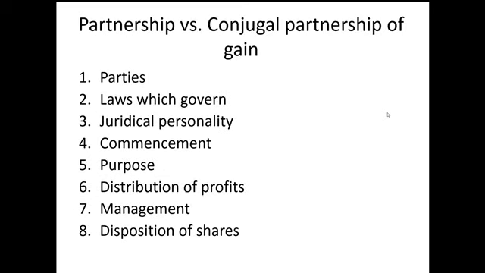Now next, let us proceed sa distinction naman between partnership and the conjugal partnership of gain. Pag sinabing conjugal partnership of gain, di ba ito ay isang property regime between husband and wife?